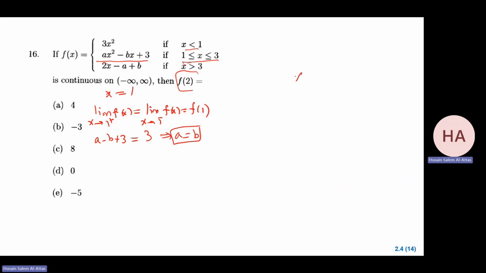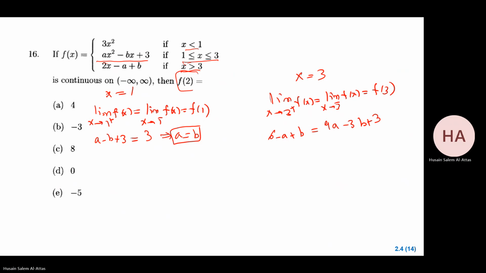Okay. X equals 3. From the right, I am here. That will be what? 6 minus a plus b. And from the left, I have what? 9a minus 3b plus 3.